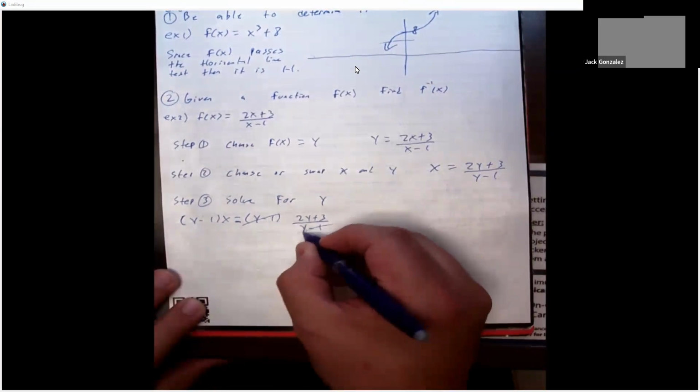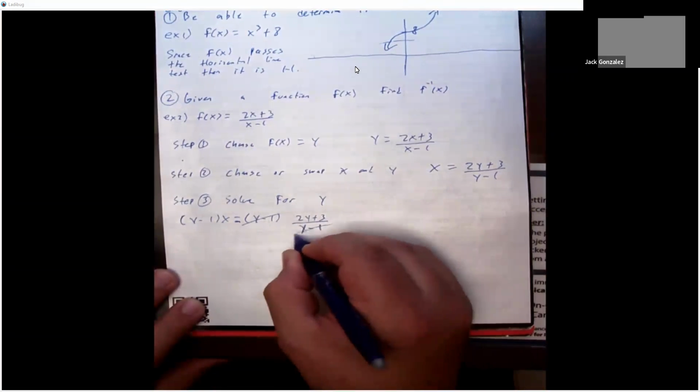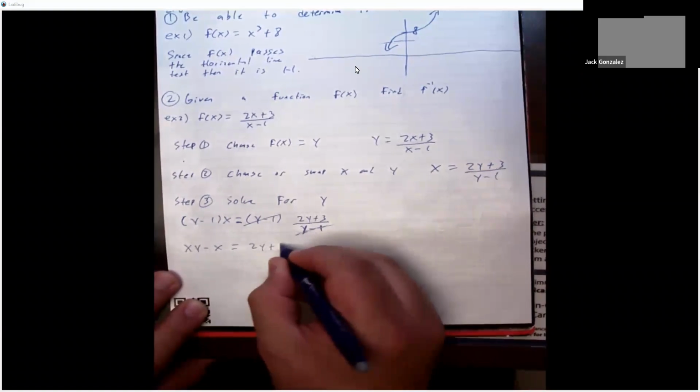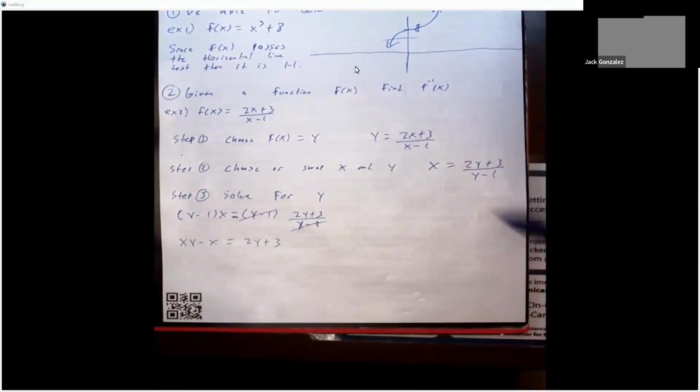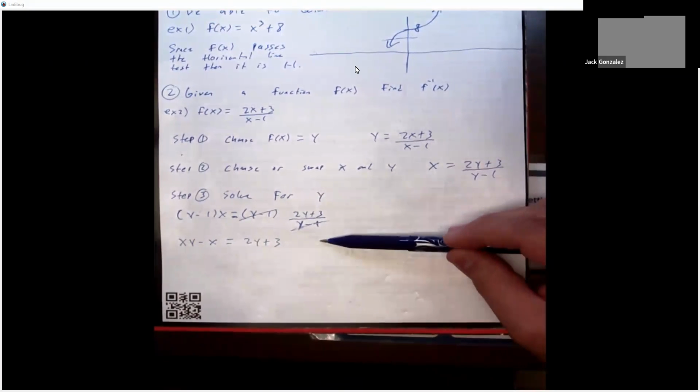So now I have this guy. Distribute your x and you will get xy minus x equal to 2y plus 3. Let's skip the minor step here. You guys still with me? Is that okay? Let me know.